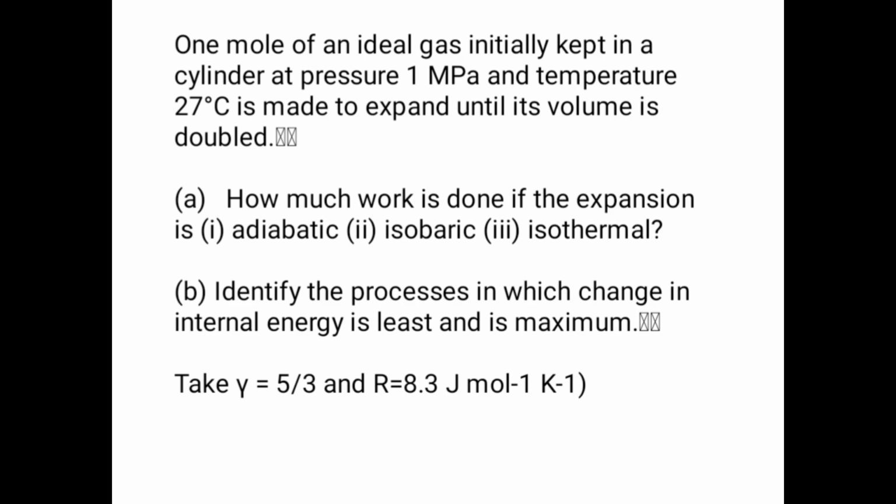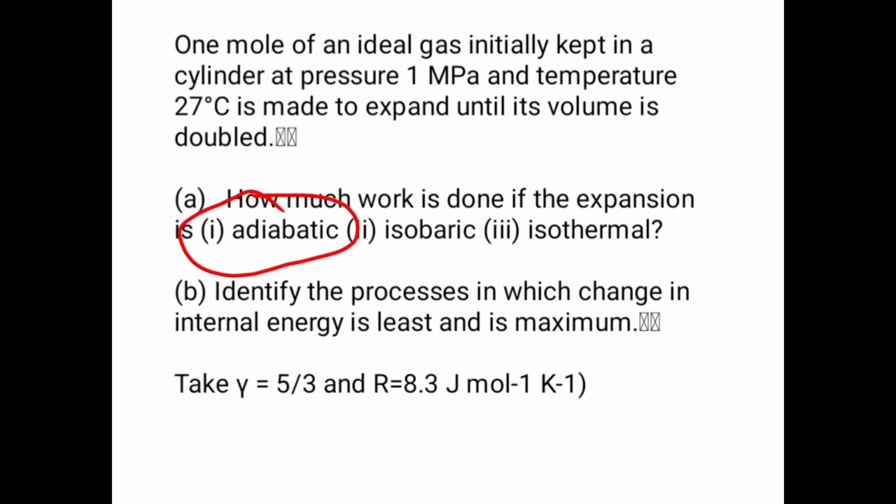How much work is done if the expansion is adiabatic, isobaric, isothermal? Then part B says identify the processes in which the change in internal energy is least and is maximum. Oh, this is beautiful. First of all, in this video, we are not going to be looking at the adiabatic condition. I will be making a separate video for that.